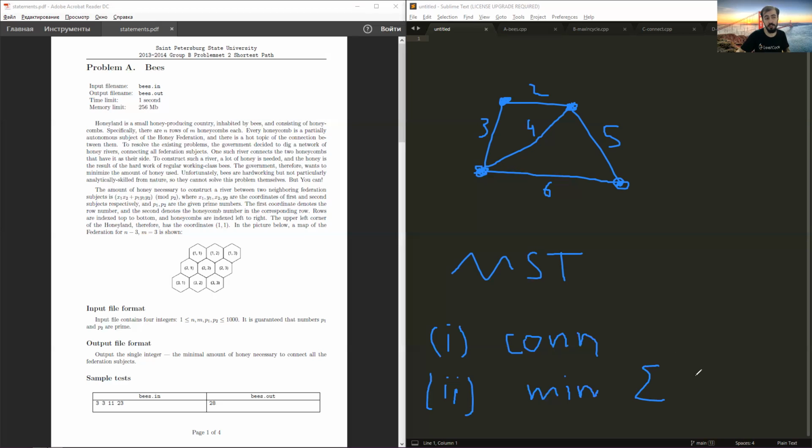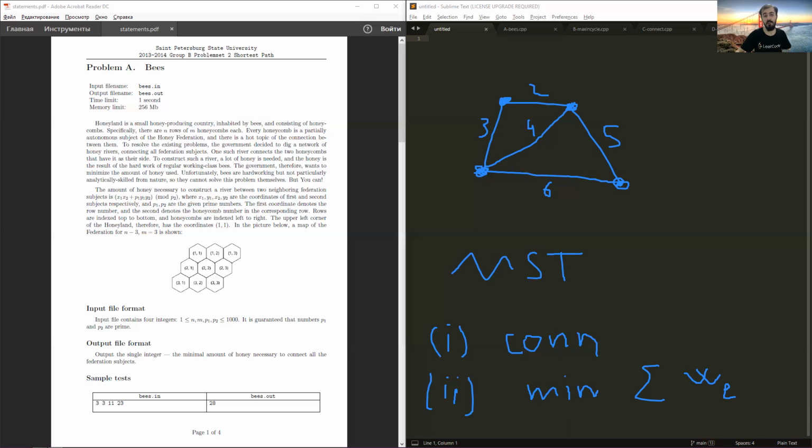Each edge that we take into the graph has some weight. Let's say we abbreviate by W_E the weight of edge E. And we take the sum of all edges that we took into our MST, and we want to minimize it.